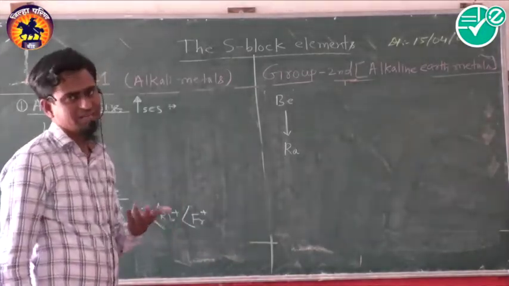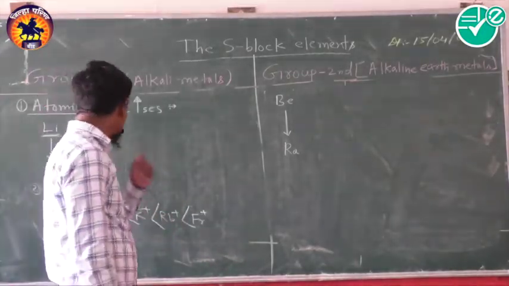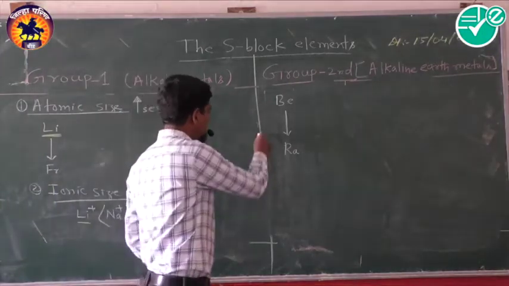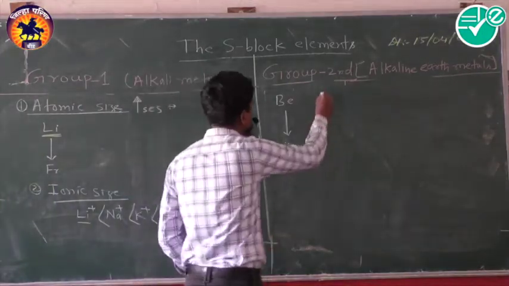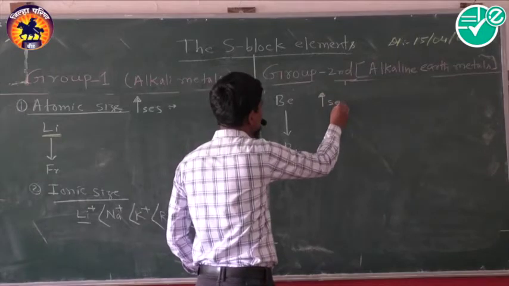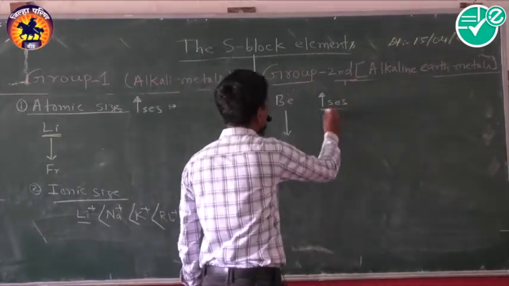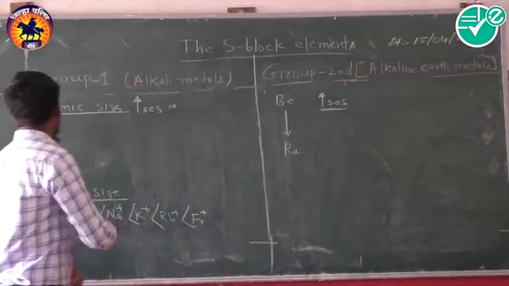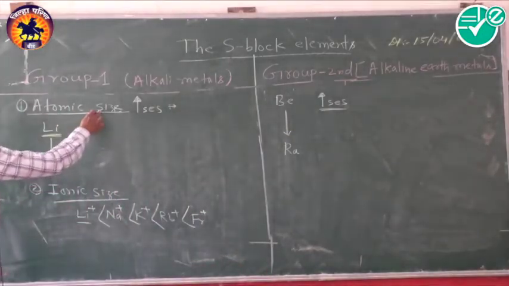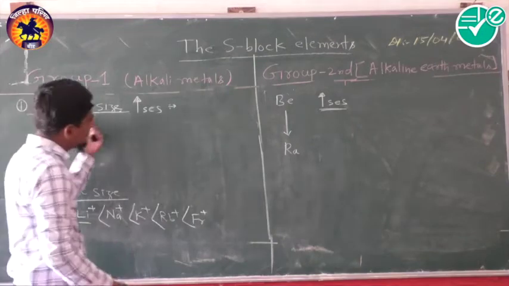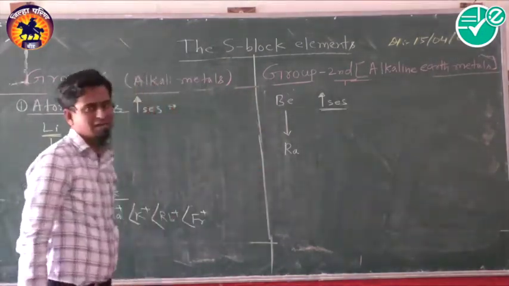The number of shells increases. Now we want to compare the atomic size of alkali metals and alkaline earth metals. Listen here: atomic size for alkali metals and atomic size for alkaline earth metals.